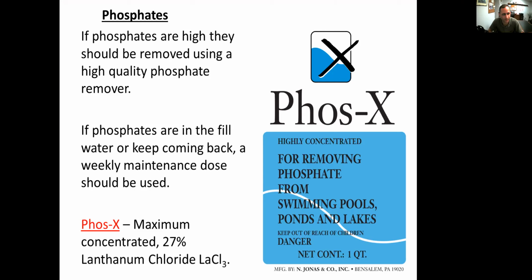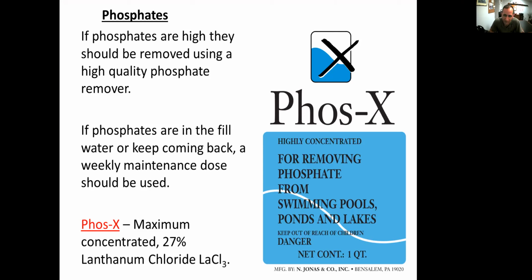If you also want to test your fill water, a lot of municipal water systems add phosphonates to the water, and when they break down in the presence of chlorine, they form orthophosphate, which is what phosphates are in your pool. So test your fill water and see, you might be adding some every time you fill the pool, and it's good to know how much.